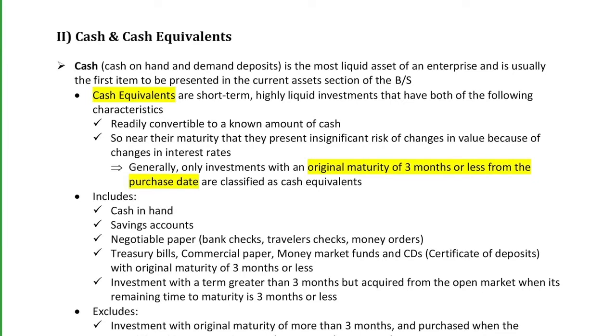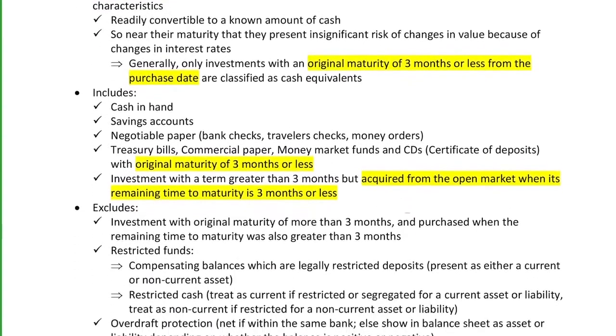So this includes the third sub-bullet there: treasury bills, commercial paper, money market funds, and certificates of deposits with original maturity of 3 months or less, as well as investments with a term greater than 3 months but acquired from the open market when its remaining time to maturity is 3 months or less.